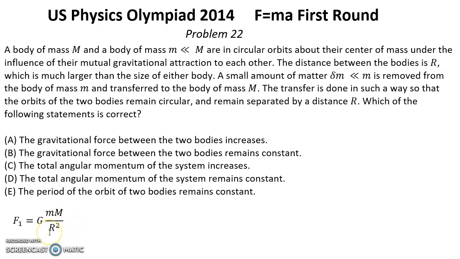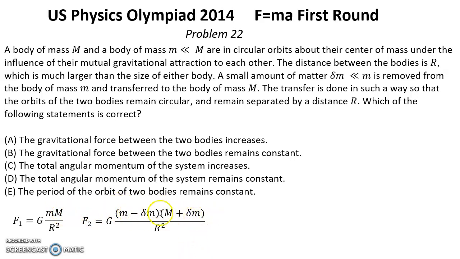In the second case, when we remove small delta m from the small body and add it to the big body, we have force F2, which is equal to this expression. Now we just need to compare m and big M with this amount.